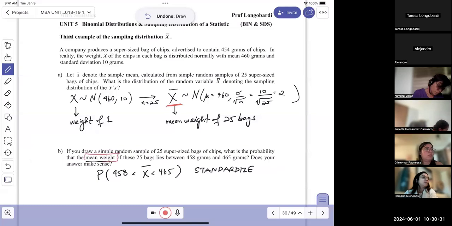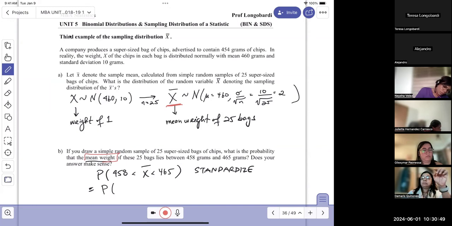If it said weight, you would use this one, X. Did Amaris get it right?